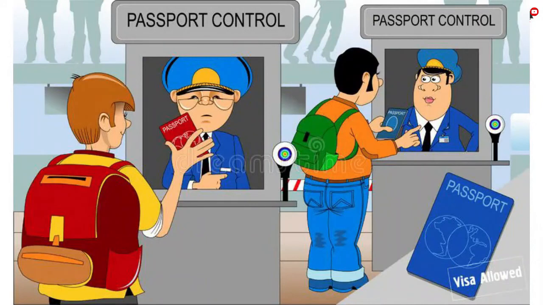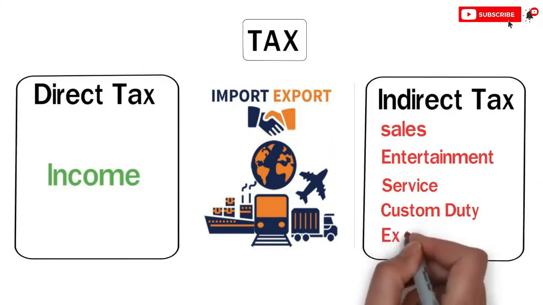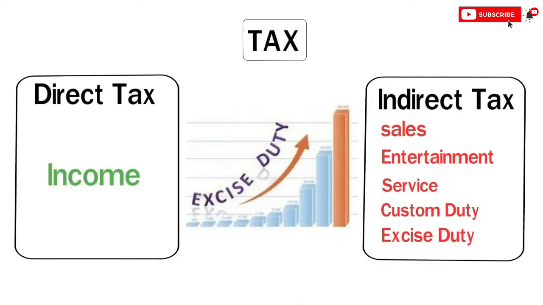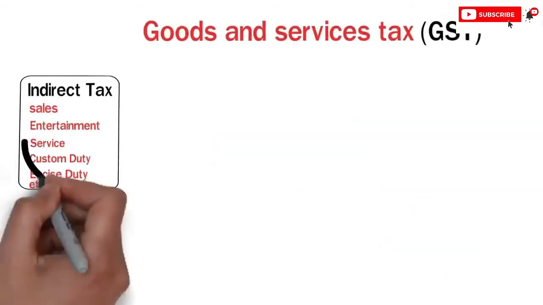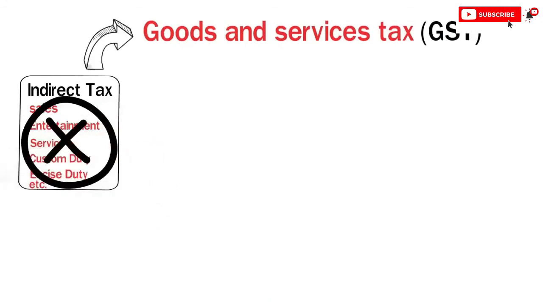If we import or export goods from other countries, then we have to pay customs duty. So this is also one type of tax. Then the excise duty. If any product is manufactured and sold within the country, then we have to pay the excise duty. So before GST, there were so many such taxes implemented with different tax rates.